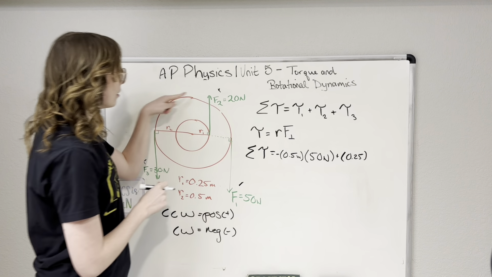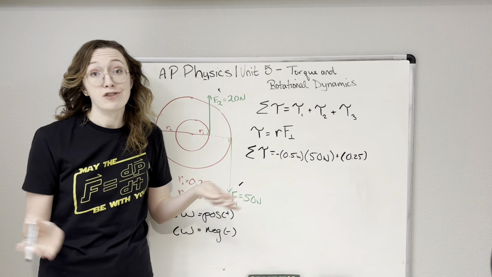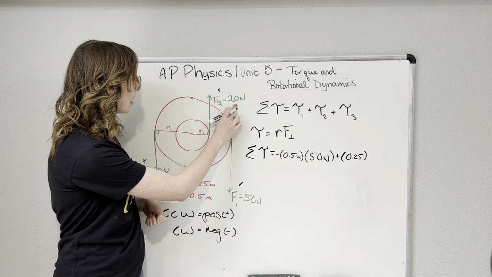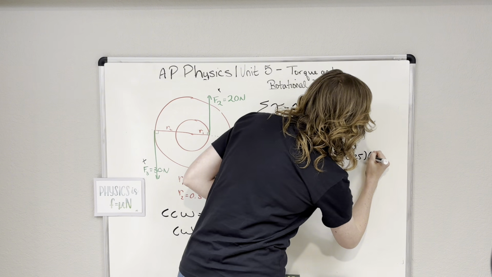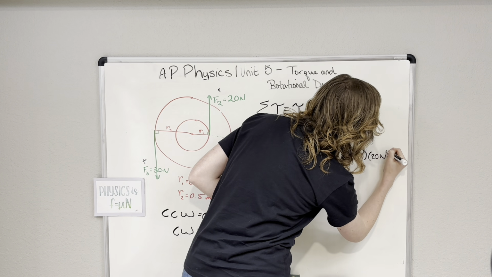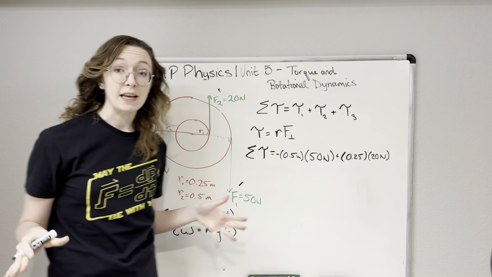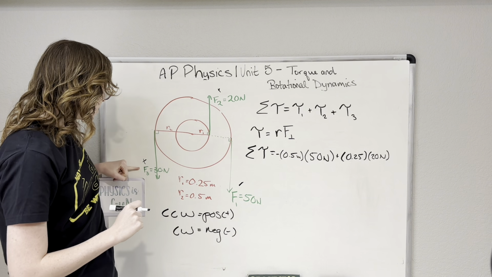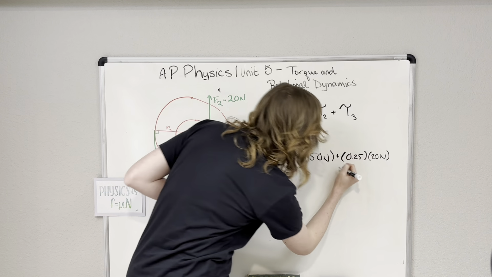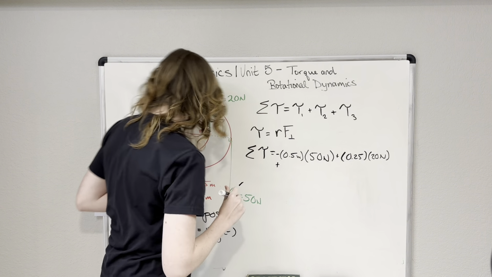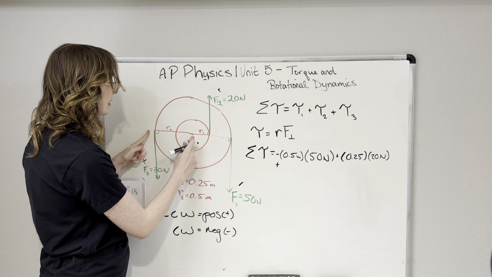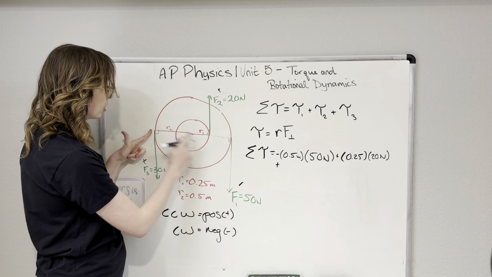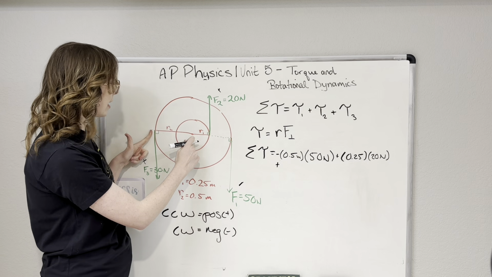And the perpendicular component of force 2 is thankfully just all of force 2. So that's just 20 newtons. And because it is pulling in a counterclockwise direction, we don't pick up a negative sign. That is exerting a positive torque here. And then we have force 3. I'm going to have to go on to another line here. Force 3 is acting on the radius of our larger circle, the larger part of our flywheel here.